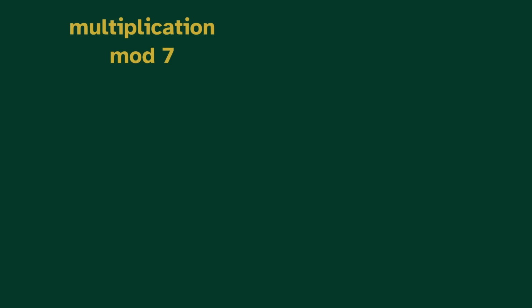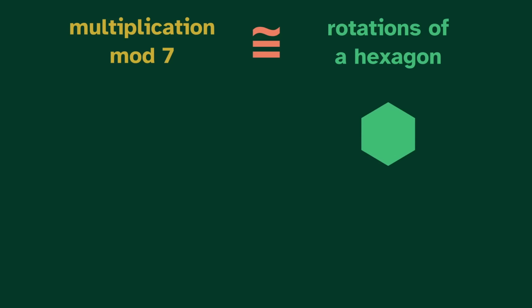The group of multiplication mod 7 is isomorphic to the rotations of a hexagon. But a hexagon is easier to think about. Let's mark the top corner. If we do any rotation 6 times, that mark returns to the top. 6 rotations equals 0 rotations. And that means that 7 rotations equals 1 rotation. Now remember the isomorphism.